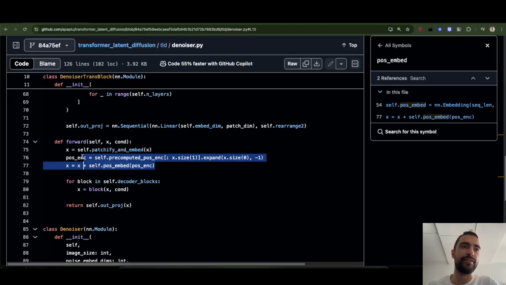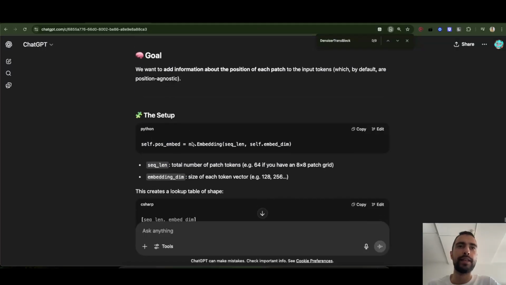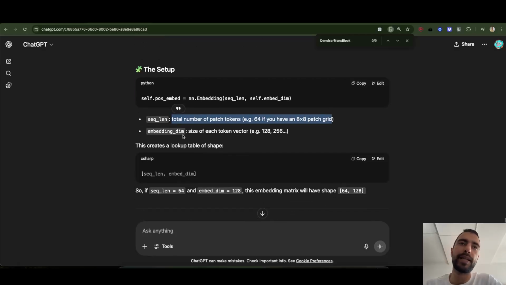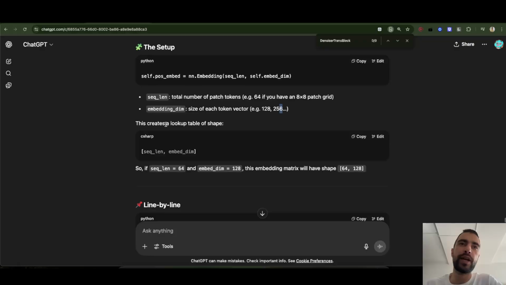So what does this even do? Let's explain that code. We start with this positional embedding and an embedding sequence length and embedding dimension. Sequence length is the total number of patch tokens, 64 if you have an 8 × 8 patch grid. Embedding dimension is the size of each token vector, 128, 256, etc. So this creates a lookup table of shape sequence length, embedding dimension.